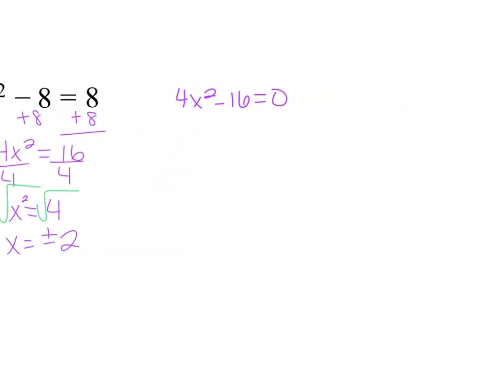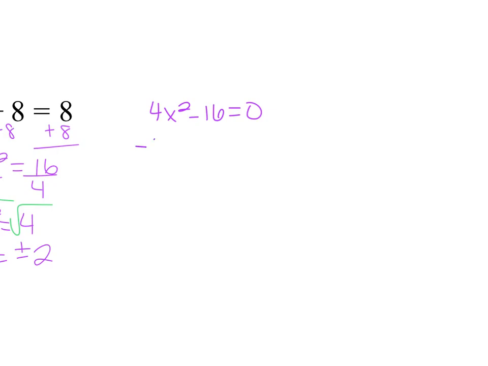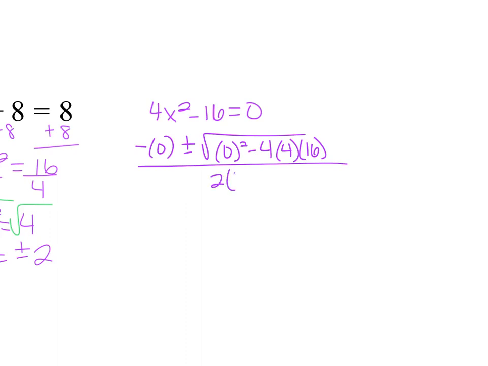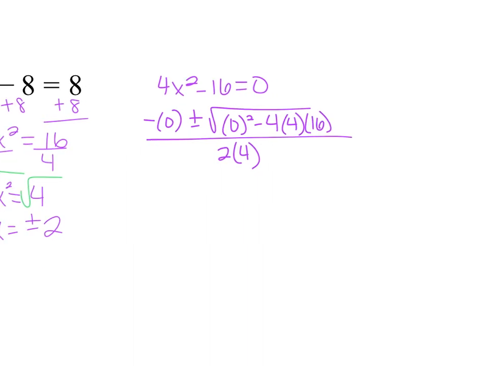So let's solve it. x equals negative 0 plus or minus the square root of 0 squared minus 4 times my a value times my c, all over 2 times 4. Okay, so that's a negative 16. So this would be 0 plus or minus the square root of 256, all over 8.